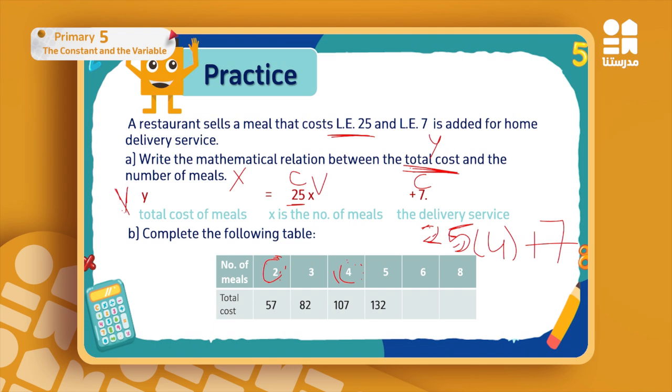Every time I'll take away the 6 and I put the number of meals that I will sell as a restaurant. Then I will get my answer added to the 7 LE, the delivery fees, and I will come up with the final answer, which is the total cost according to the number of meals sold, which is Y here, and I fill in my table.